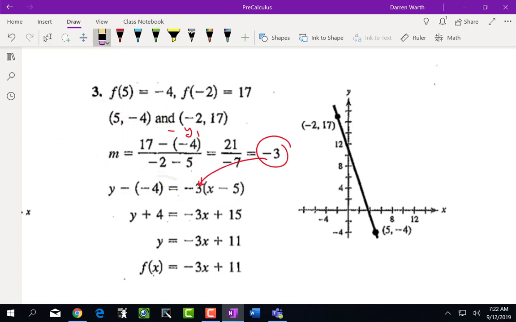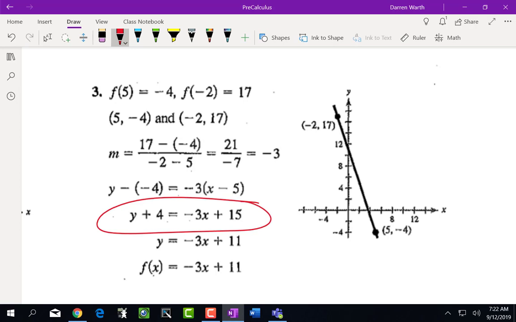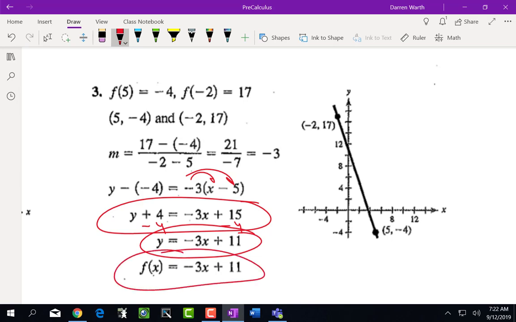Now they finish off the problem. You take this minus and minus, and you get y plus 4. A negative makes that a positive. Distribute your negative 3 through, and you get negative 3x plus 15. Subtract 4 from both sides, and you get y equals negative 3x plus 11. Put it into function notation, which is f of x equals negative 3x plus 11.